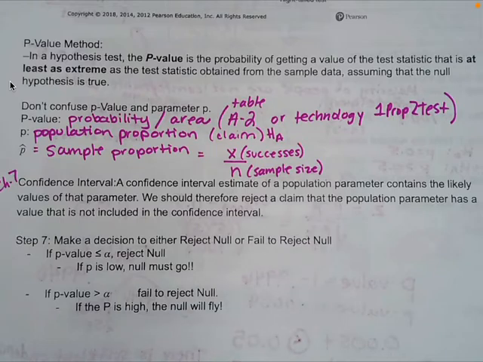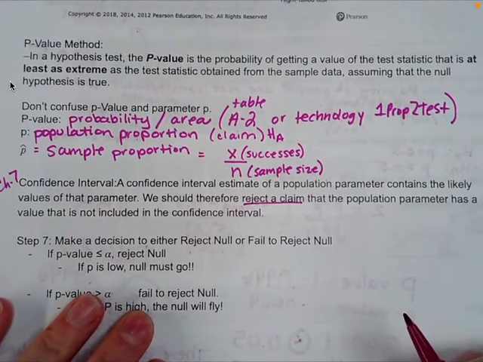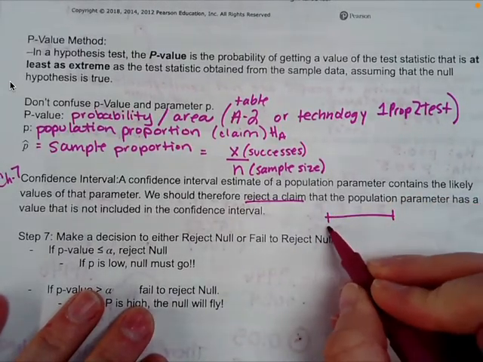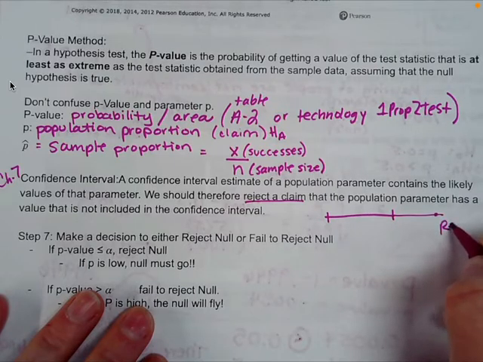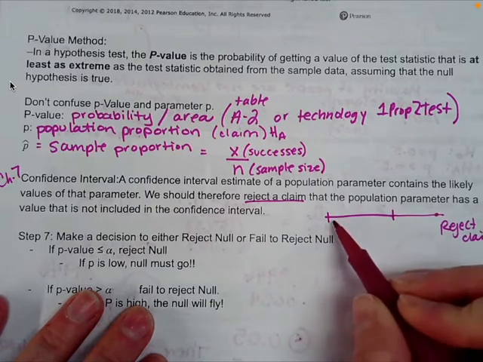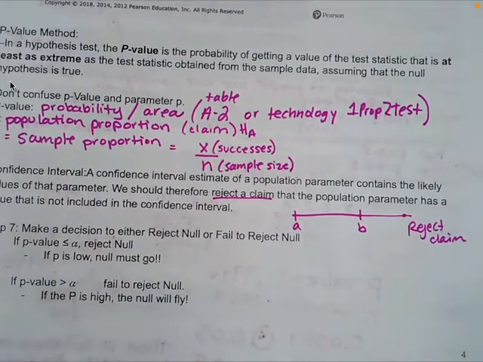If it doesn't fall between those two values, then we will reject the claim. So if it's not between these two values, let's say it's over here, then that means we're going to reject our claim. If it's not between A and B, if it's outside of that area.